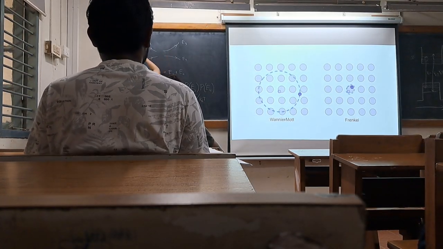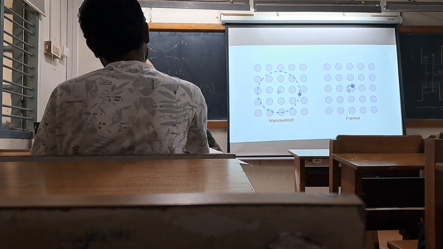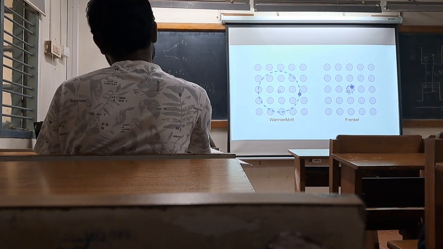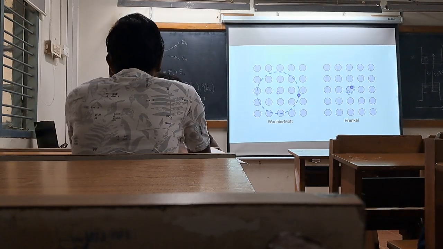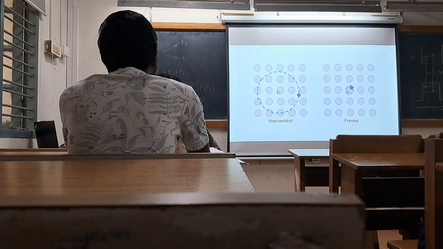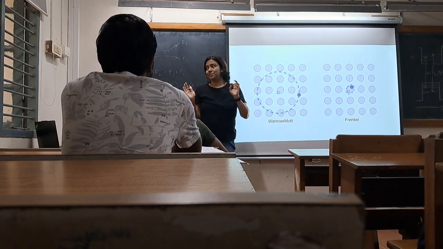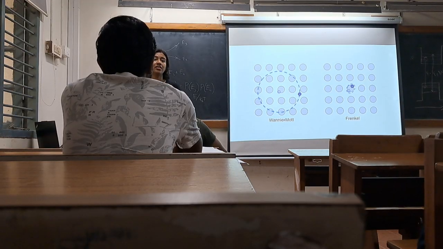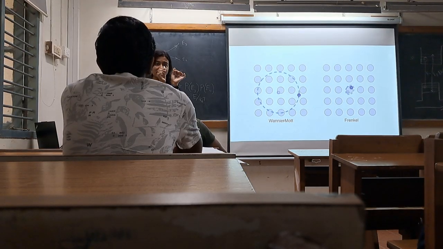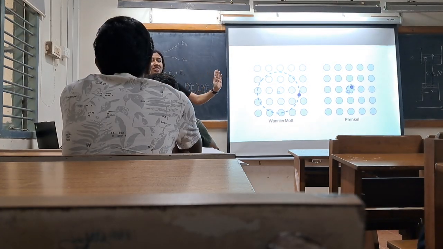Now we do the same for Fermi-Dirac statistics. In the Fermi-Dirac distribution, we include Pauli exclusion in the system because fermions have no condensate.